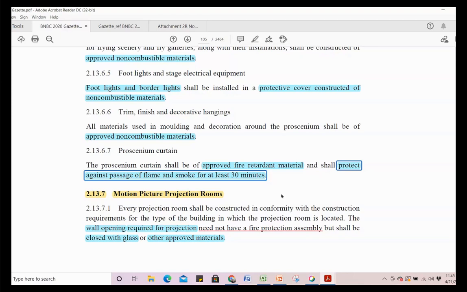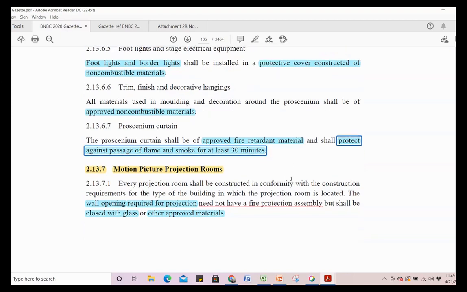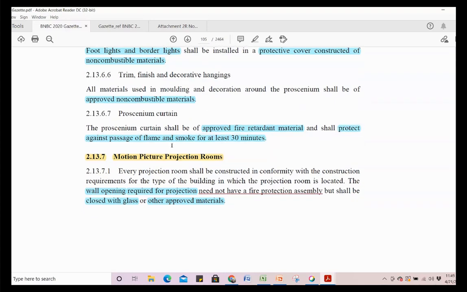So it must be made of fire retardant material, and it has to protect people, and flame or smoke cannot spread quickly on it. It will protect for at least 30 minutes. So this is one criteria about the proscenium curtain.